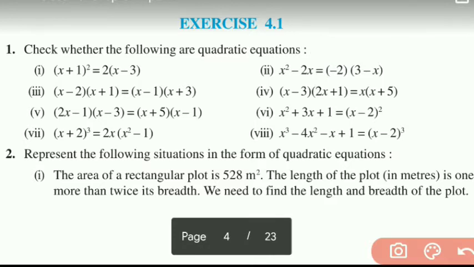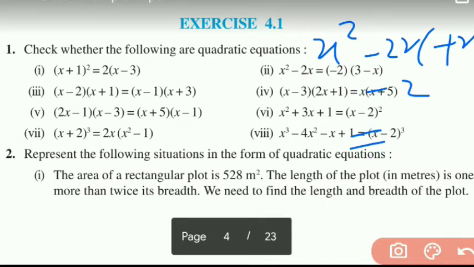Again we need to solve, which means first we need to multiply. (x - 2)(x + 1) gives x² - 2x + x - 2, equal to x² - x + 3x - 3. Here the x² terms cancel, so now there is no term with power 2. So the third one is not a quadratic equation.